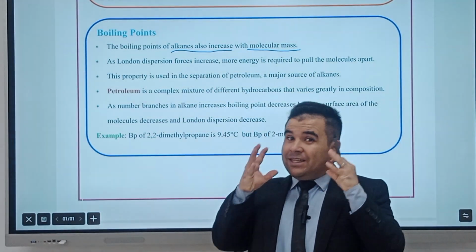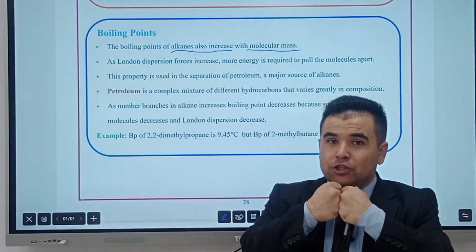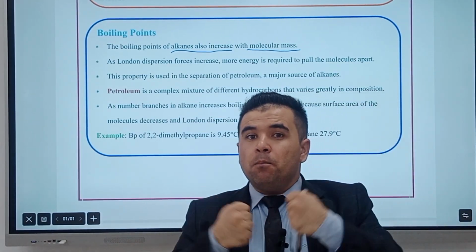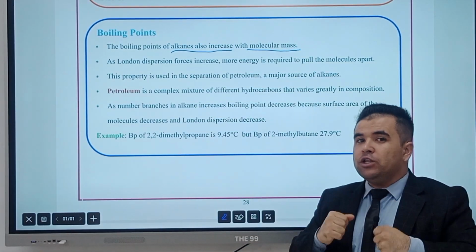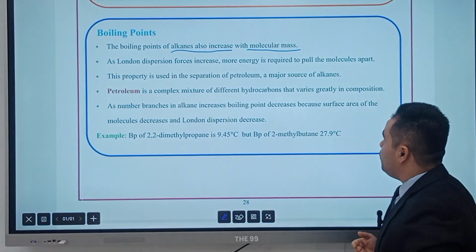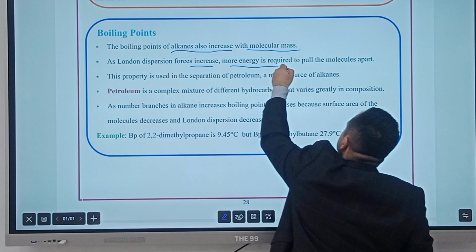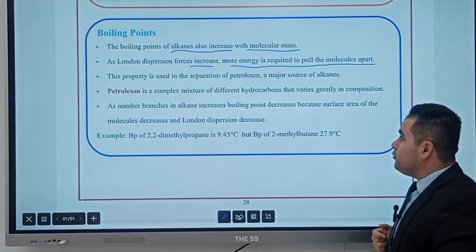The one that has a higher molecular mass has higher attractions, or stronger London dispersion force. More London dispersion force needs more heat to boil. So as London dispersion force increases, more energy is required to pull the molecules apart and boil them.